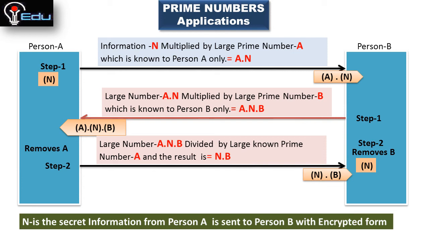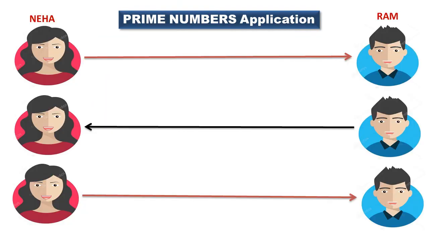In a simple way we will see another analogy, another animation of prime numbers application. Here Neha is there and Ram is there. Neha in Delhi wants to send a suitcase filled with secret documents to Ram, who lives in Mumbai. Neha locks the suitcase but does not send the keys.